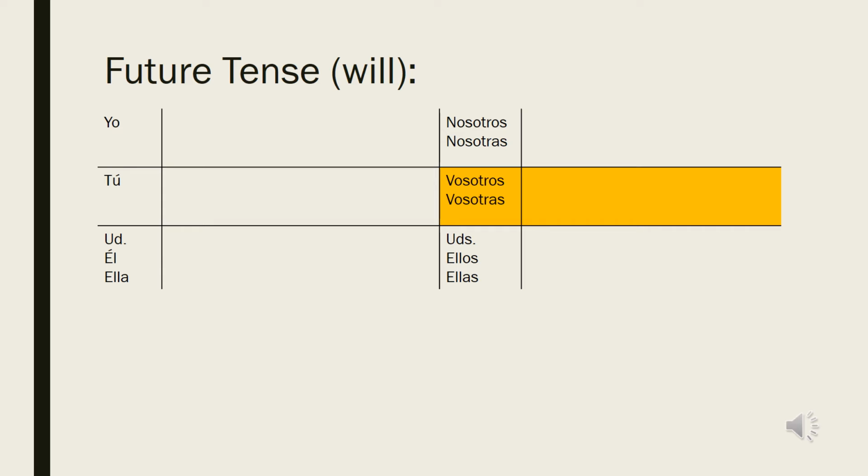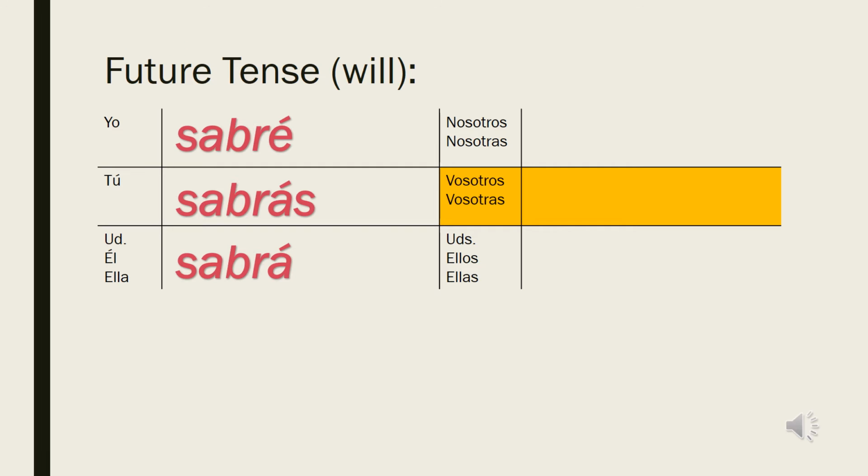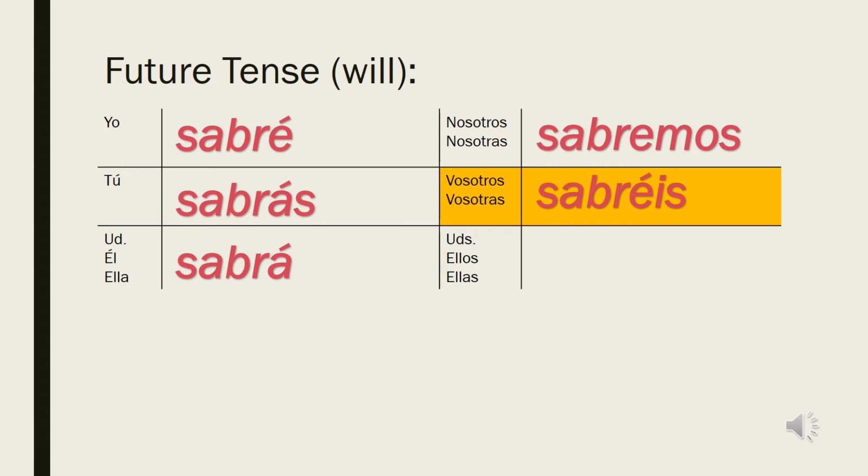So the future tense is going to talk about something that you will know or will know how to do. So the yo form is sabré, tú sabrás, usted, él, ella sabrá, nosotros sabremos, vosotros sabréis, ustedes, ellos, ellas sabrán.